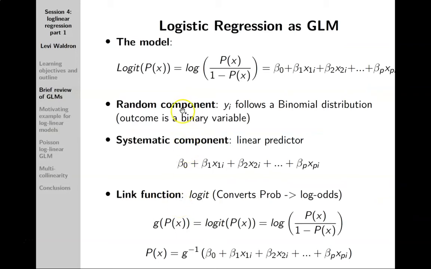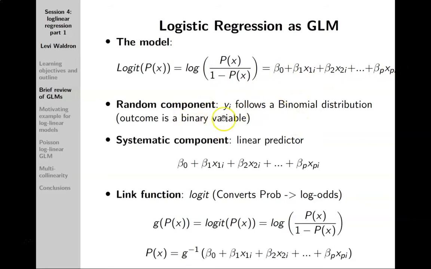In logistic regression, our model looked like this. The link function was logit, and the logit of the probability of a success of one of the outcomes is also written as the log of the odds, probability over 1 minus probability, equal to this linear predictor.